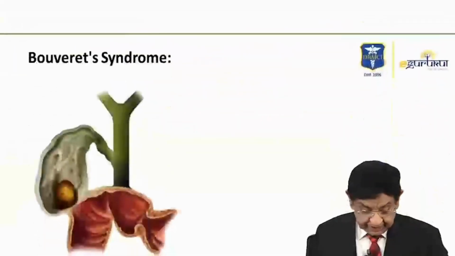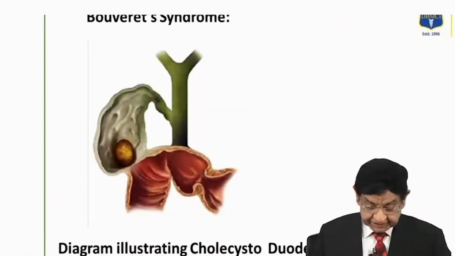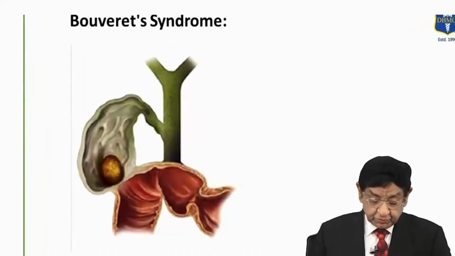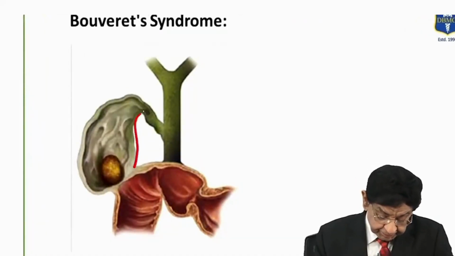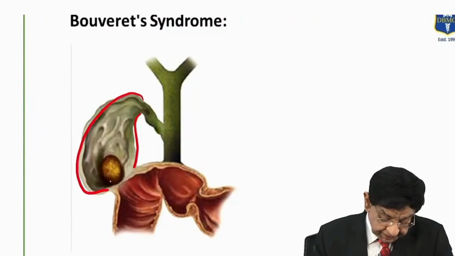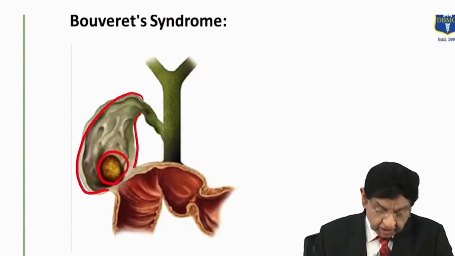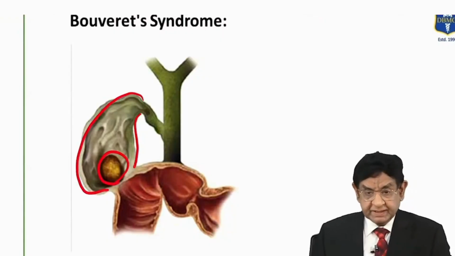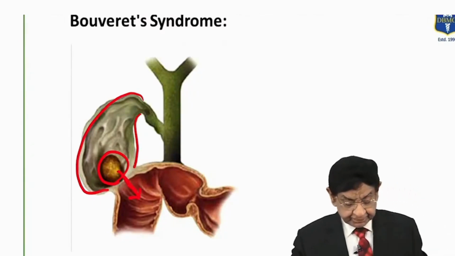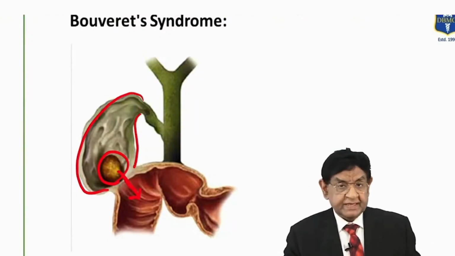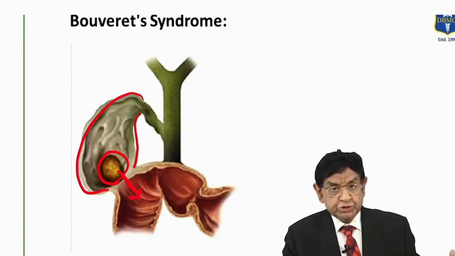Okay, let me show you a lovely picture, then you will understand better. So friends, here is the gallbladder. Here is a big stone in the gallbladder, and this is the duodenum, and a fistula has formed, and the stone will enter the duodenum, and that can block the duodenum. It's a huge stone.